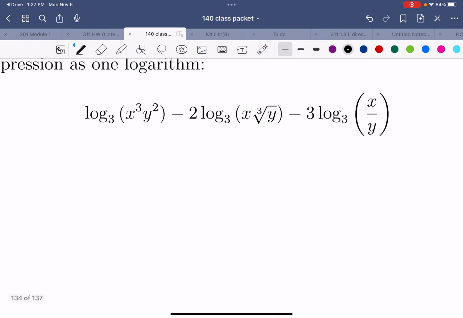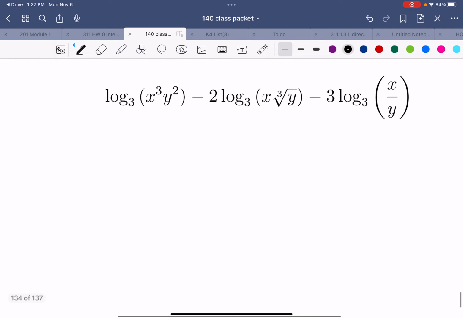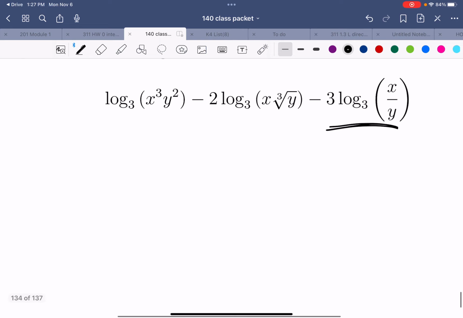All right. This one we want to express as a single logarithm. So here we go. Actually, the first thing I'm going to do is take this one and expand it, because I don't like when things are put back together. It's just a little bit harder when we put our fractions back together.